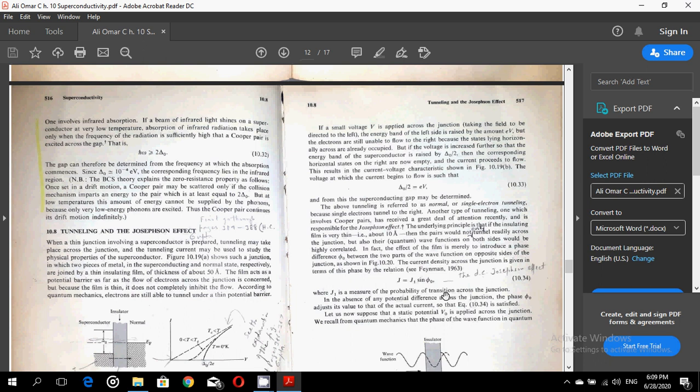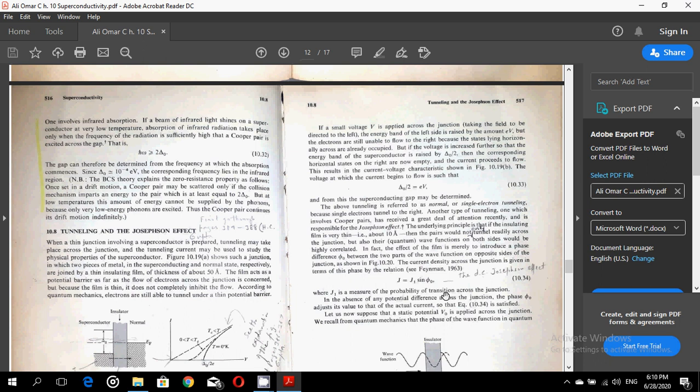So this will result in the current voltage characteristics shown in figure 10.19b. So we will now have a relationship between the current and the voltage applied as shown in figure 10.19b.